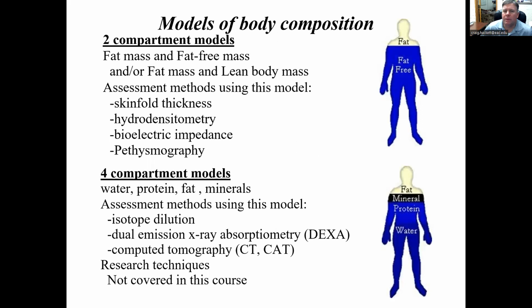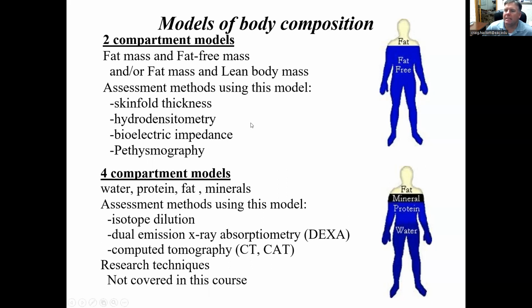Most of us will use a 2-compartment model that's either fat or fat-free. Fat-free is considered lean. Okay, so that's the stuff other than fat. And then we could do a 4-compartment model that takes a lot more effort and expense, and it can look at not only fat but minerals, which is bones, proteins, which is muscle, and then of course the water weight that we hold, and we're 60 to 70% water, most of us, depending on who you read and your body type.